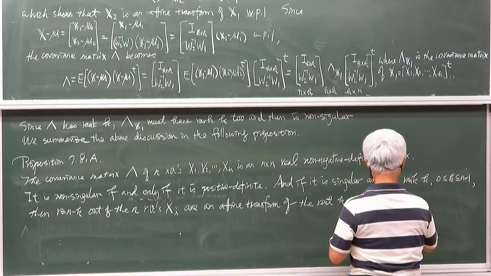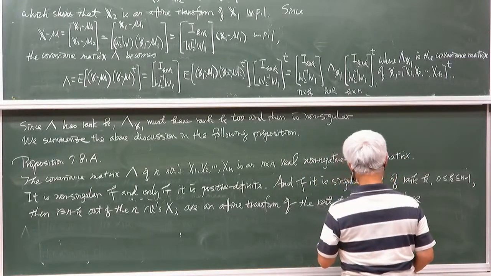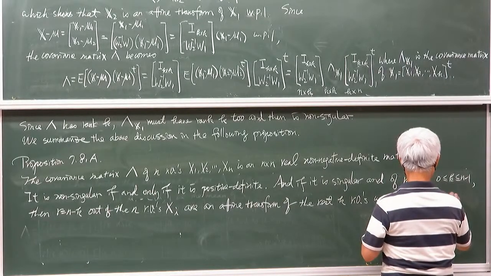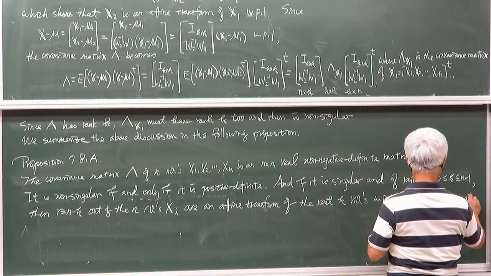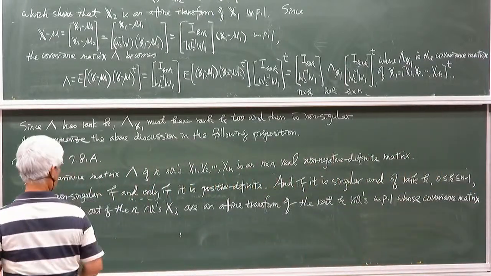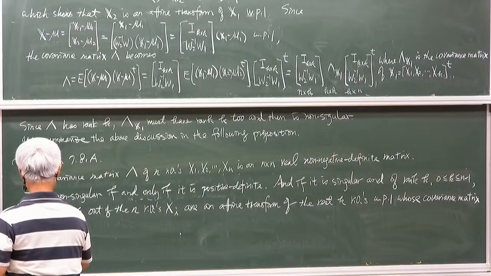And these k random variables have a non-singular covariance matrix.